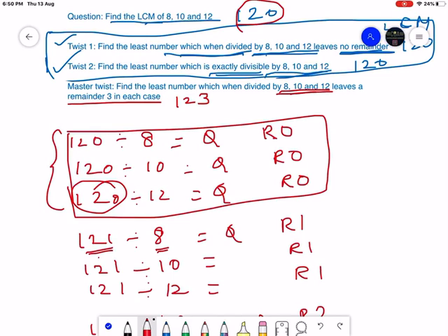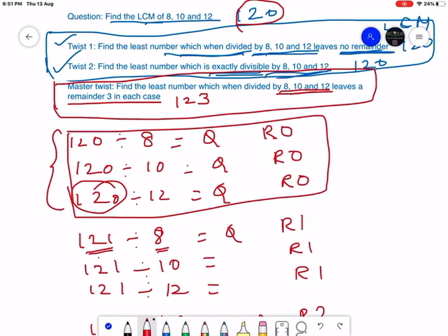Correct? So, whenever you get this master twist kind of question, which is, I will read out the question again, which is this: find the least number, look for the word least number, look for the word when divided by, and look for the word remainder.